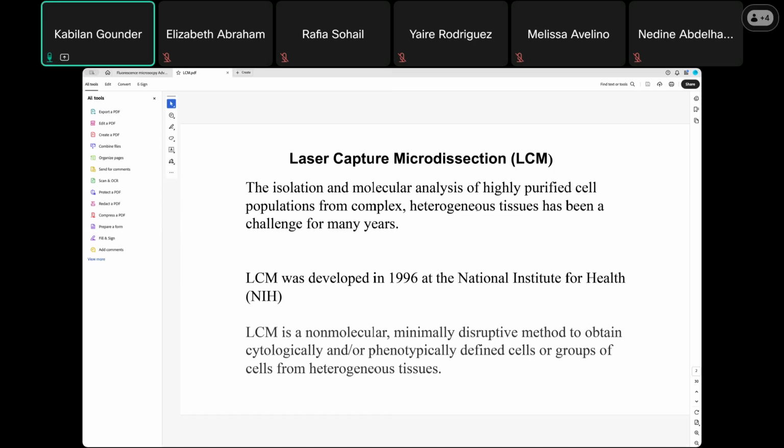With this technique, you are able to isolate a single cell from a heterogeneous mass of complex cells. That is the advantage of this technique. These are the principles. The goal is to isolate single cells from a heterogeneous mass of tissues.